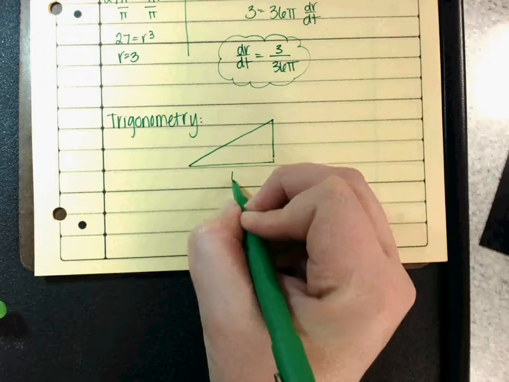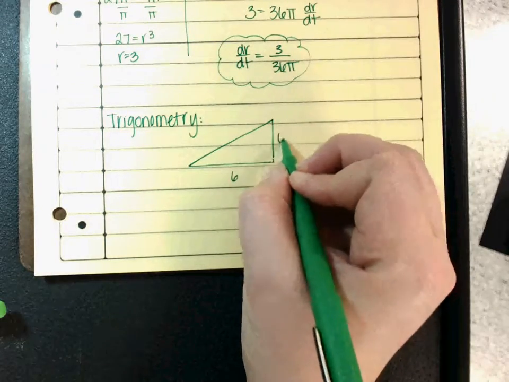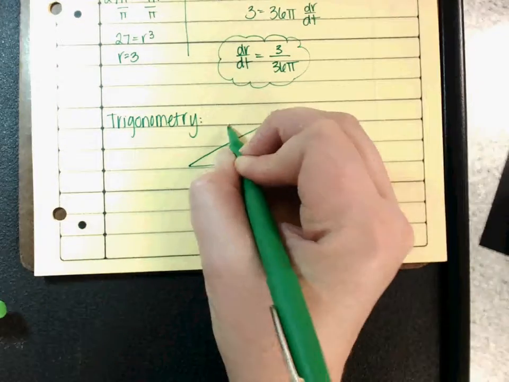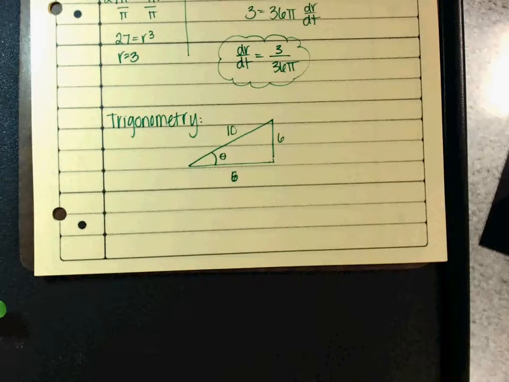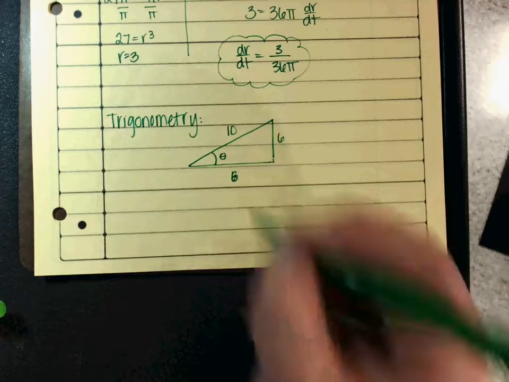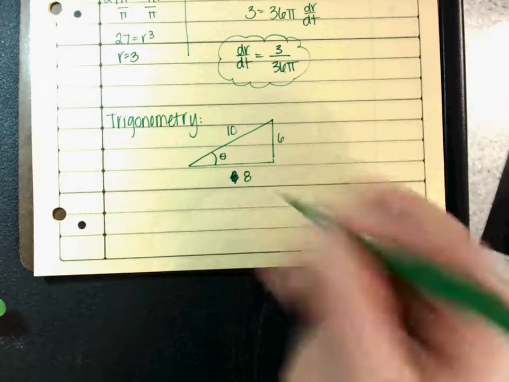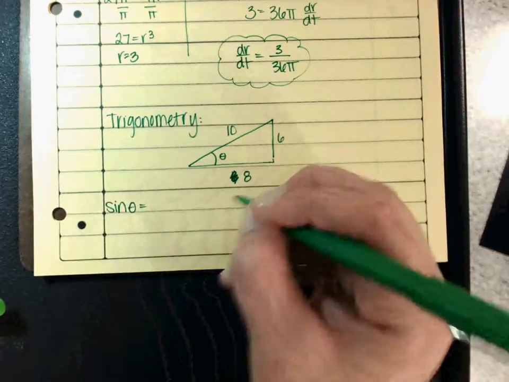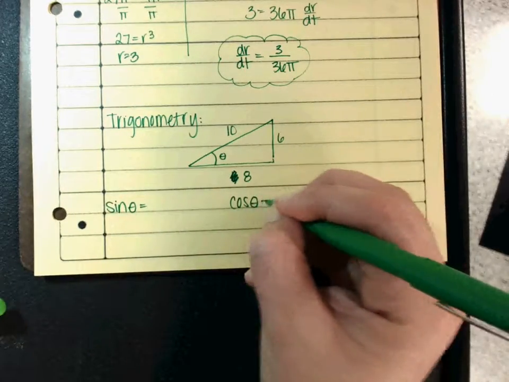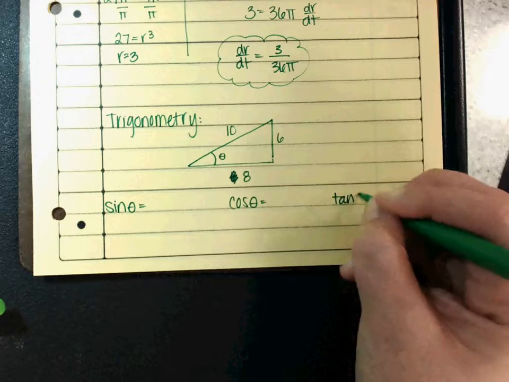So this will be 6, 8, 10. And let's say that this is my angle here, theta. I want you to find sine of theta, cosine of theta, and tangent of theta.